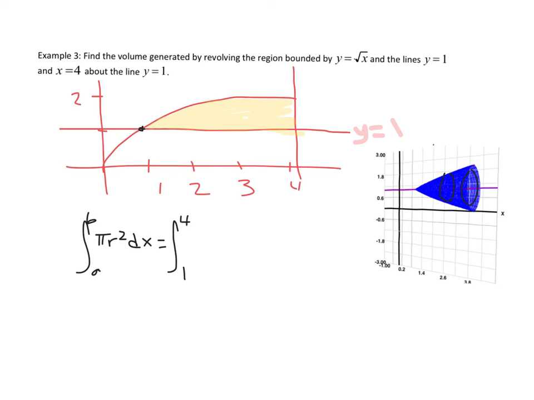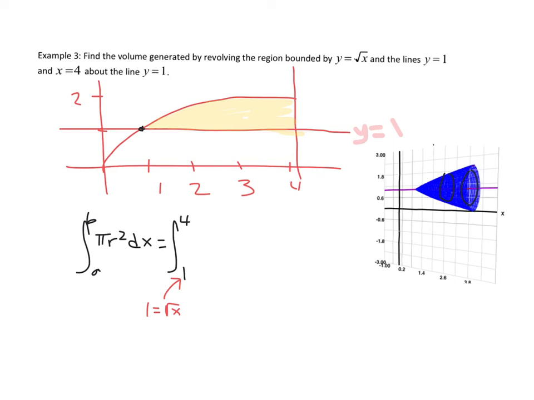If you were wondering how did I get the 1, other than just looking at the graph, you get that by solving the equation 1 equals the square root of x. You don't get it by plugging in x equals 1. Just keep that in mind. We know that y equals 1, so we're solving for x there. So that's my x value. And then it goes till 4, of course.